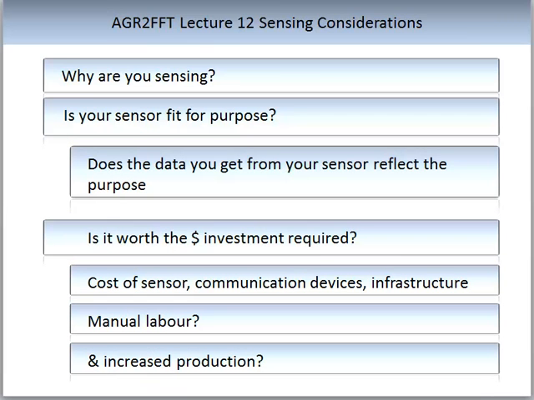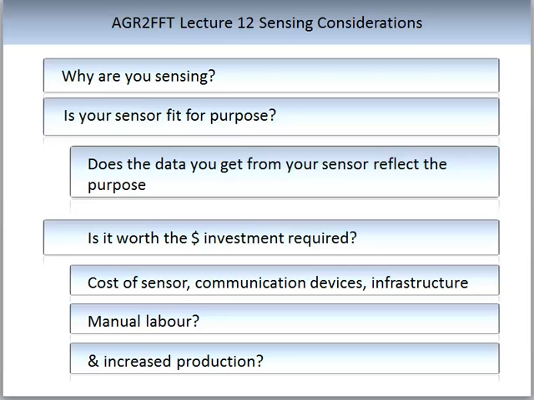Does the data you collect from your sensor reflect your purpose? This might be a strange question to ask, but it really is one to consider. I'll give you an example. If you're after how much water is used by a plant, a commercial enterprise may suggest the ultimate of this is soil moisture monitoring.